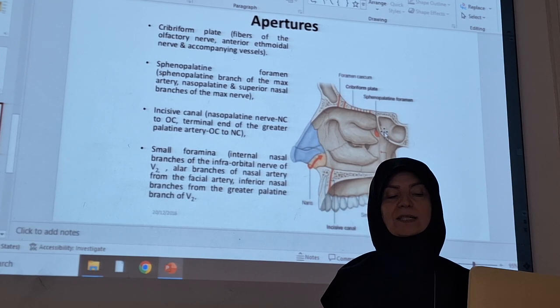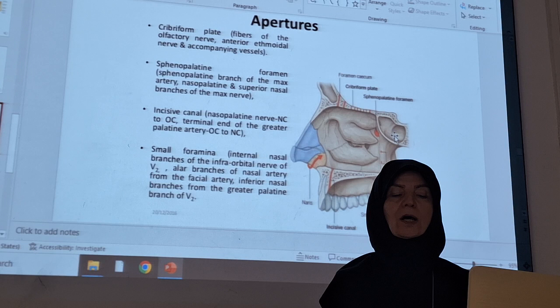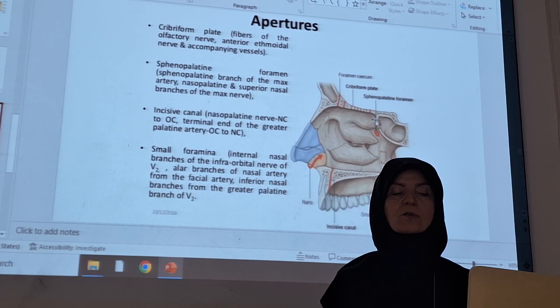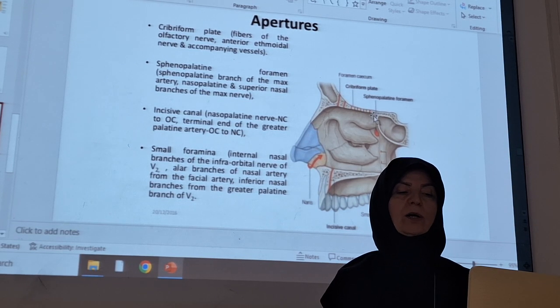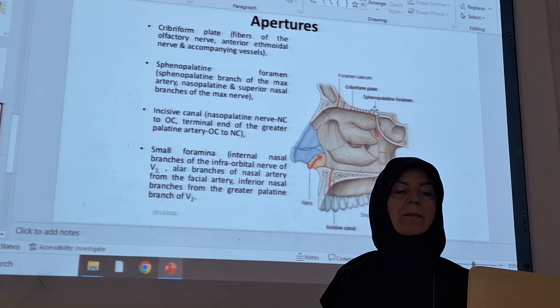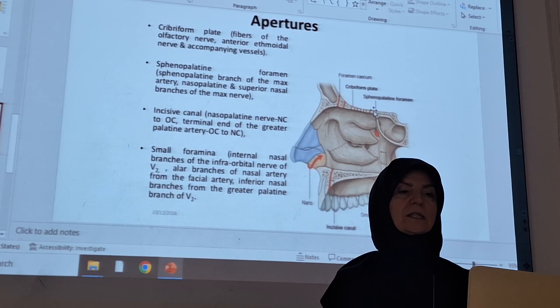If you look at this picture, it is the sphenoid sinus. The opening of the sphenoid sinus is going to open to the sphenoethmoidal recess. Here is going to remind you of the roof of the nasal cavity.